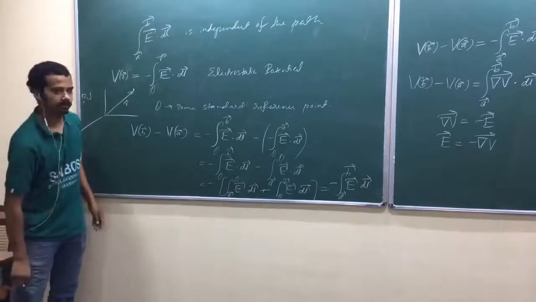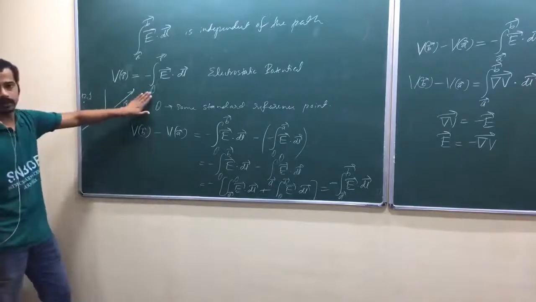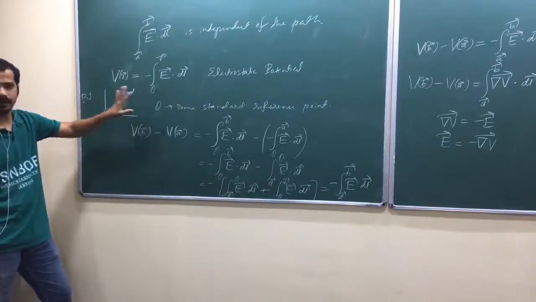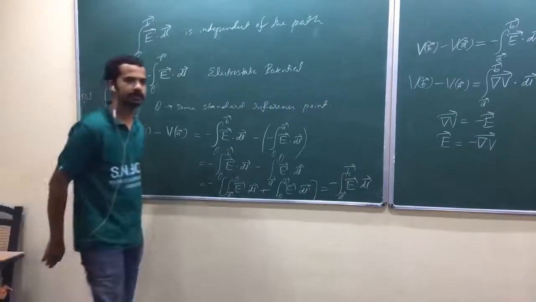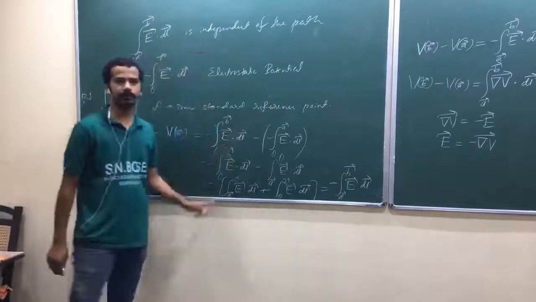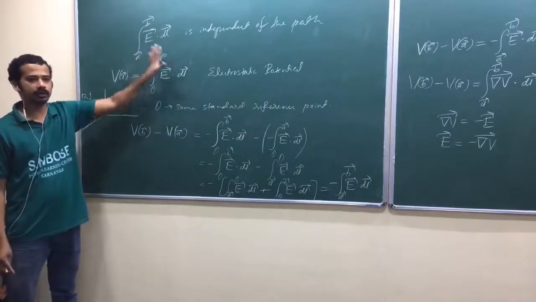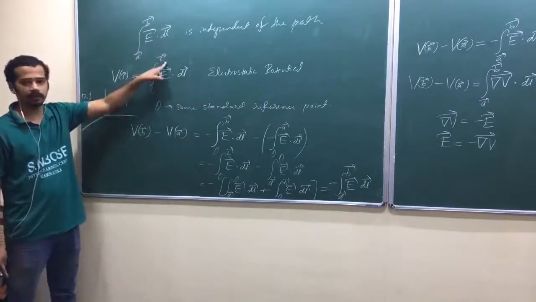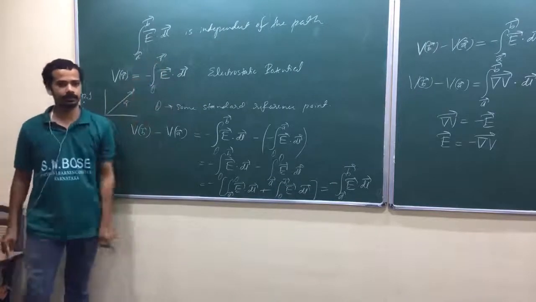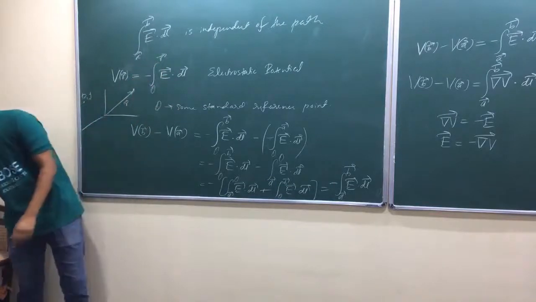Let me tell you. Okay, this is not the origin. That will be some point in space. You can take that one as a reference point, but that should be fixed. Once that point is fixed, the whole scalar quantity will be a function of this final point. This is variable. We will make that one variable. Okay.